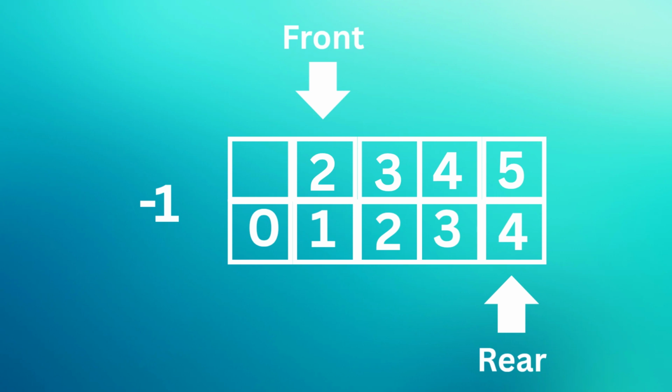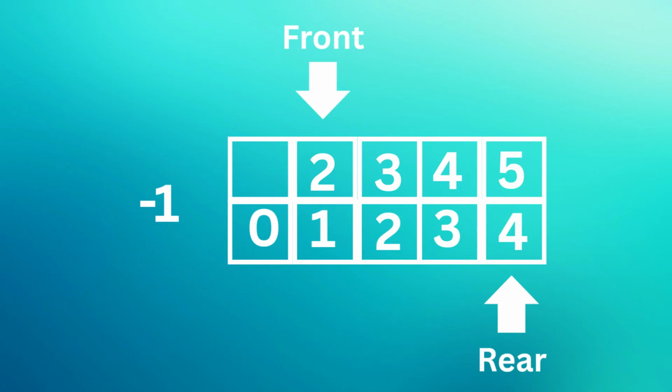That is one of the qualities of a queue. If you remove a value in a particular index, that index cannot be filled with another value na. So mawa na ang space for the index 0.